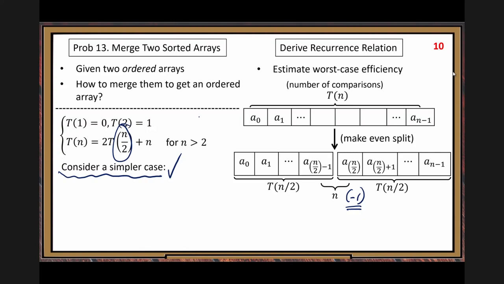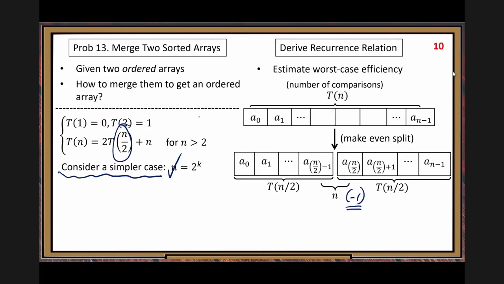So when there are two options, we pick the easier one first. The first time, we always pick the easier option. First time, we don't pick the harder one, okay? Easier option first.